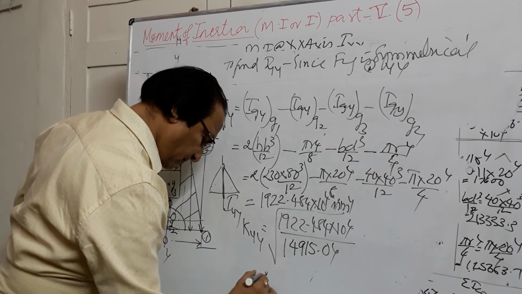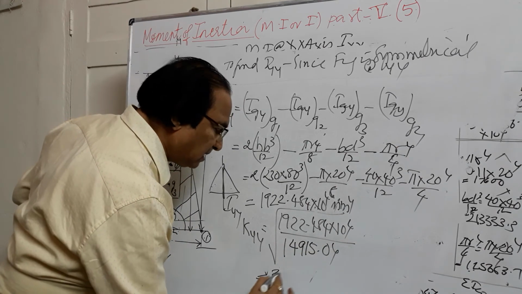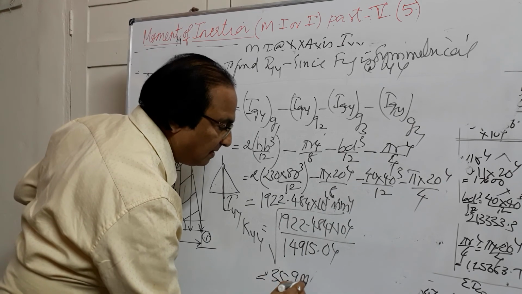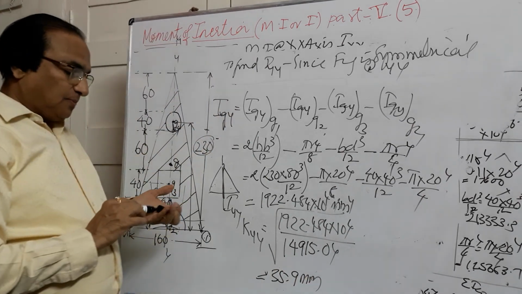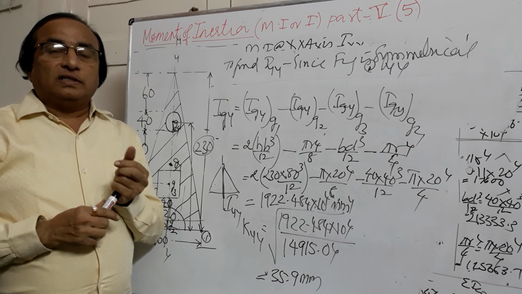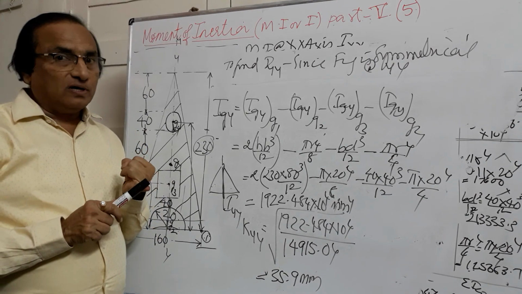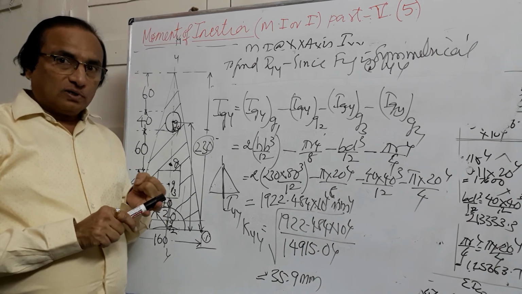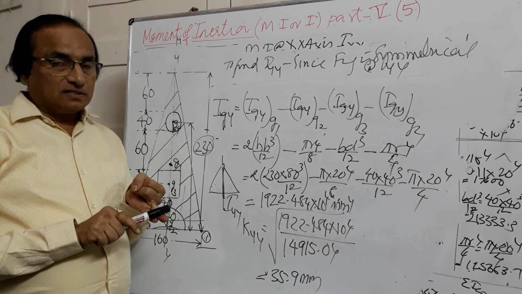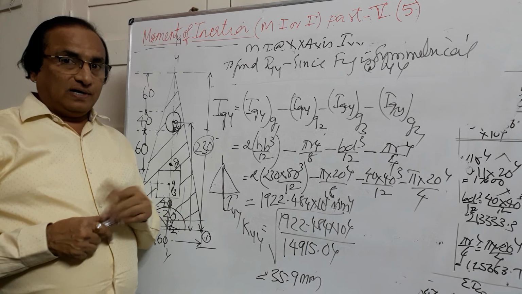So if you simplify, you get this is equal to 35.9 mm. So in this problem, we have found out the radius of gyration about x-axis. To find out, we find out Iyy. We have found out the radius of gyration about y-axis, for which you need Iyy.